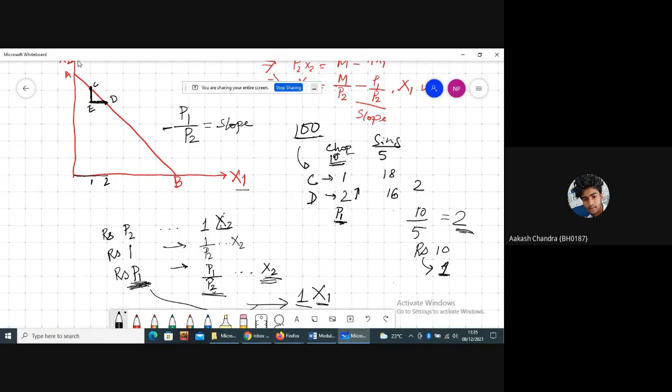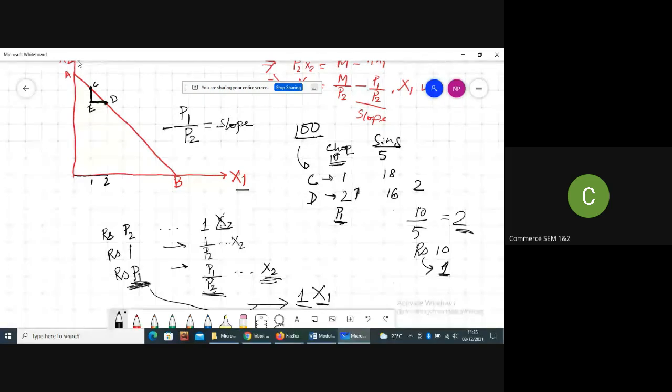I am just saying that if you want to increase the consumption of X1 by 1 unit, then you have to sacrifice this CE amount of consumption of X2, and CE is nothing but P1 by P2, which we explained here.